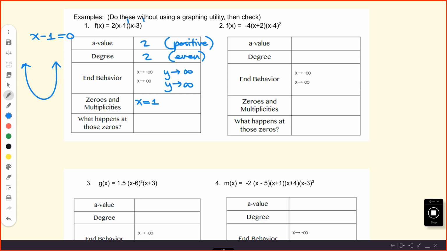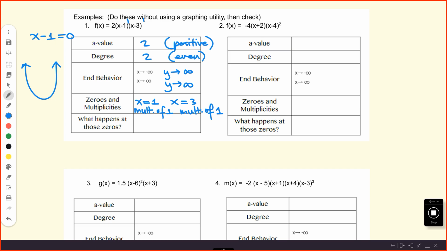Or think of that as switching the sign. x minus 3, x equals 3. Since this part is zeros and multiplicity, we're going to write the multiplicity as well. Since both of the factors are raised to 1, the multiplicity is 1 for both. So x equals 1, multiplicity of 1, x equals 3, multiplicity of 1, because both factors are only raised to 1.